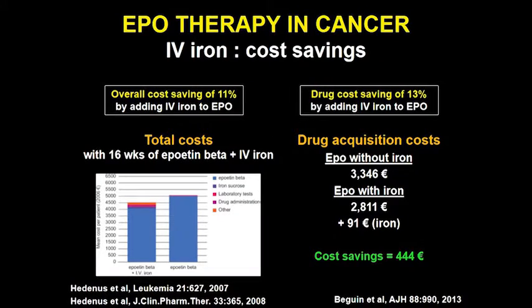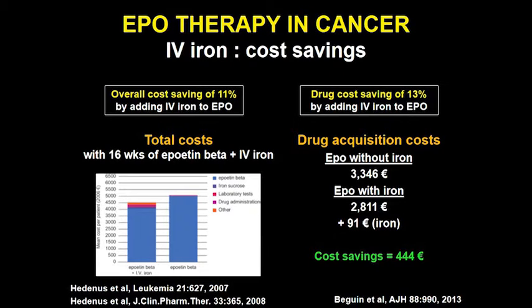You can see in this first study here a comparison of total costs, and you can see that in light blue, the cost of EPO, which is by far the biggest chunk of the costs, and you see the cost of IV iron, and that actually the total costs of EPO plus IV iron is lower than EPO on its own because you can use less EPO.